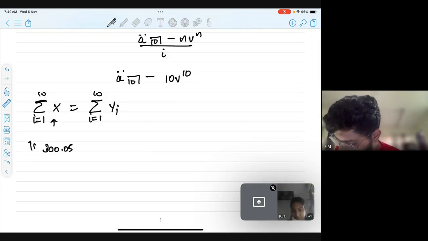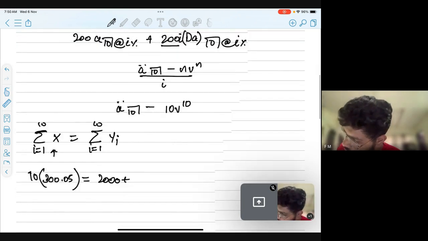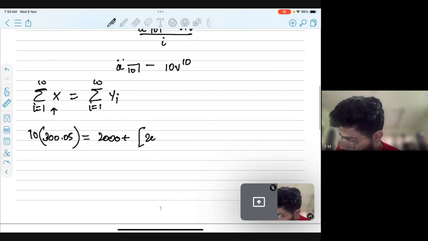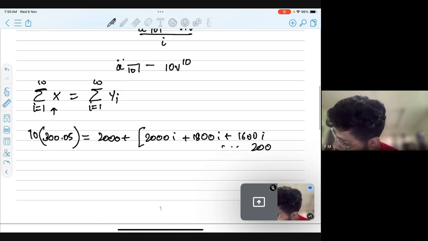So 10 times this is equal to 2000 plus 2000i plus 1800i plus 1600i and so on till 200i.